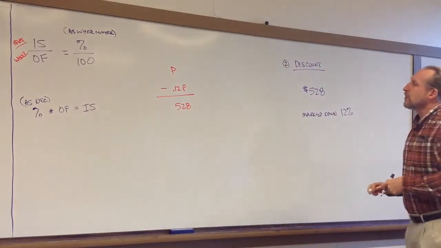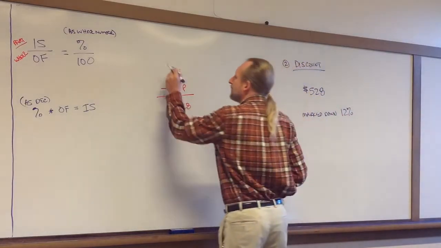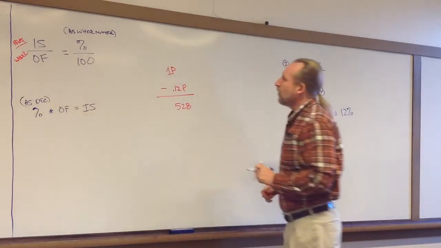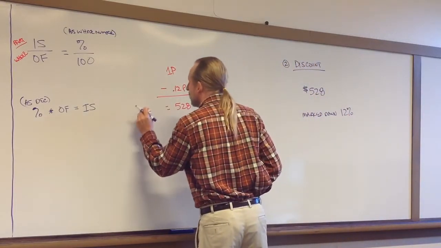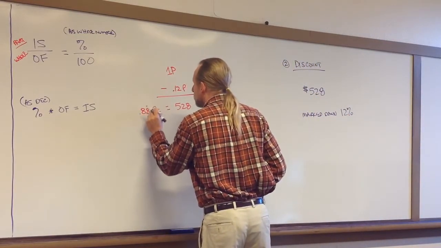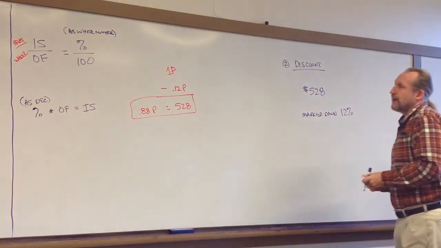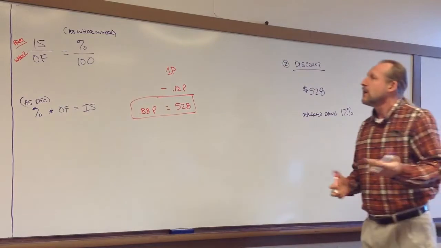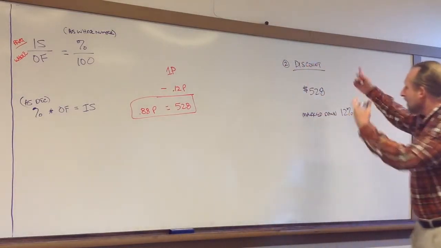Okay? So this actually can help you to solve the problem, because if you think about it, what you've got here is 1P minus 0.12P, and that's going to be 0.88P. Okay? This will actually solve the problem for you. If you divide on both sides by 0.88, you'll get the correct answer. So that's one way to think about it.